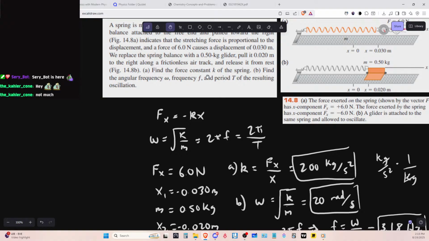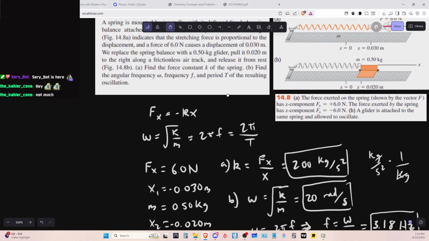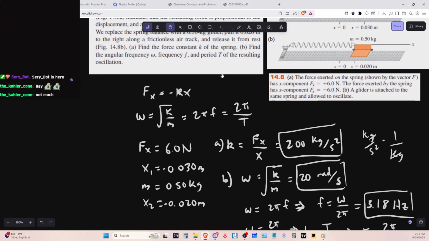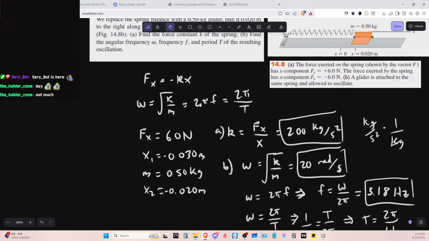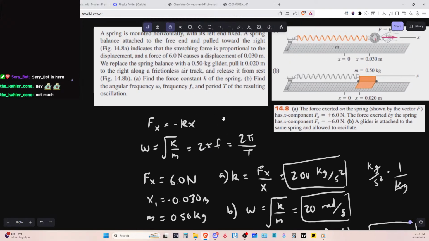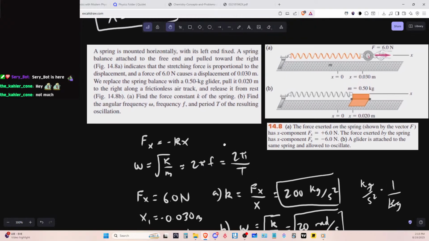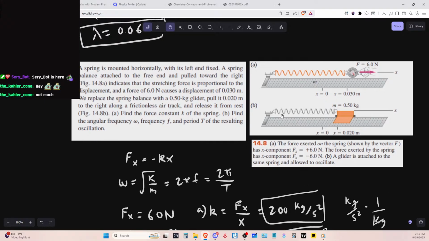Now the thing is that I don't know if we have to find the k for this particular thing, because we did find the k for this, but it says find k for the spring, and if this is the same spring, then the constant should be the same.